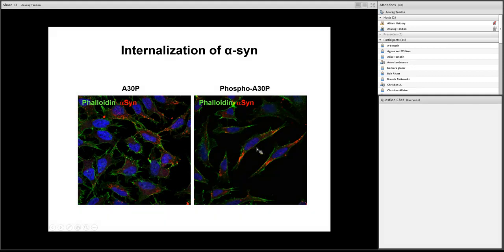And so what this is telling us is that the fibrils that we can generate in vitro or in a test tube, we can add to cells and see that it's actually taken up, which tends to support the idea that synuclein can move from one cell to another and cause changes in the accumulation of alpha-synuclein in a receptive cell.